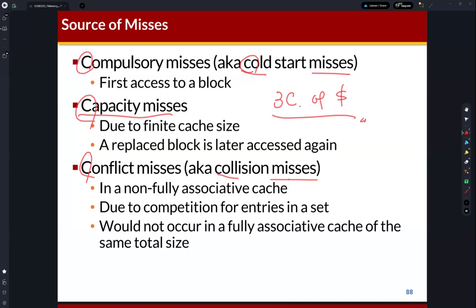So if the cache misses are increased compared to the fully associative cache, then this type of misses are called conflict misses. Okay, so these are called the 3Cs of cache. It just explains the source of cache misses.